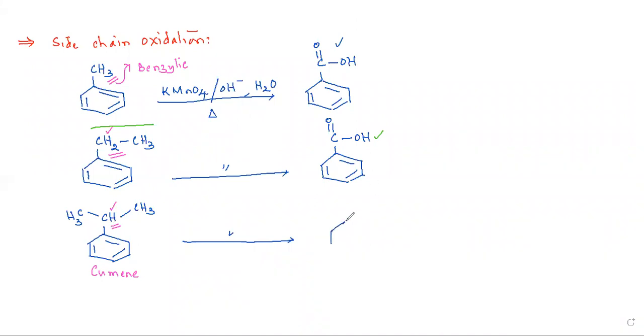Of course, one benzylic hydrogen. Even that is enough. We'll get the same product. Benzoic acid or benzene carboxylic acid. Okay. Of course, the remaining things are cut off. And now let me actually take one more here itself.